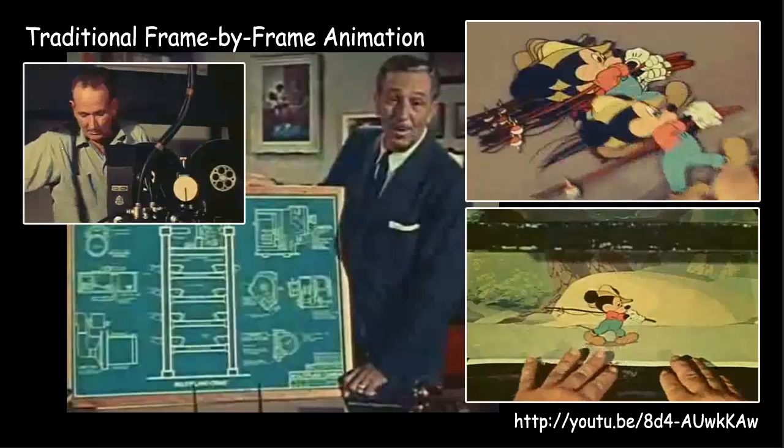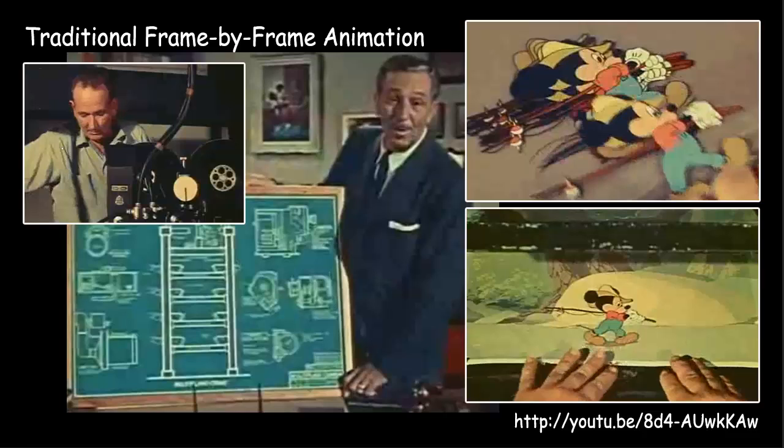So you may have different cells for different characters. And each frame, again, is 1/24 of a second in length. So it's a very time-consuming process, and it employed a very large staff to create animated shorts and animation features.